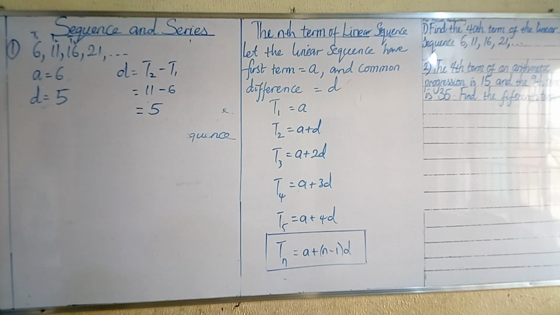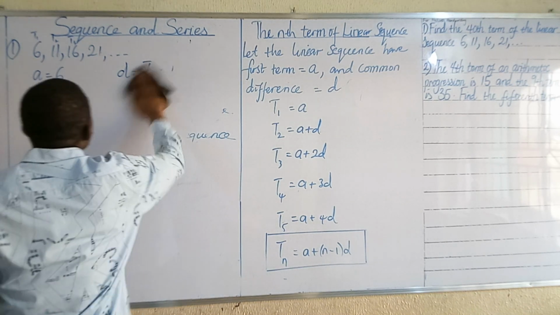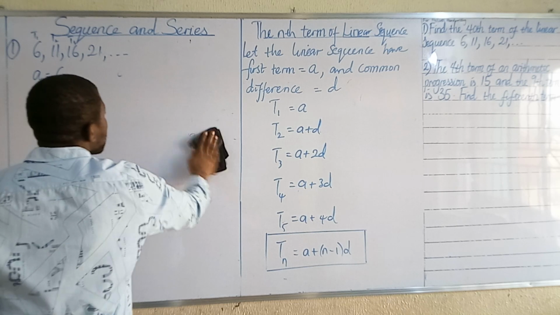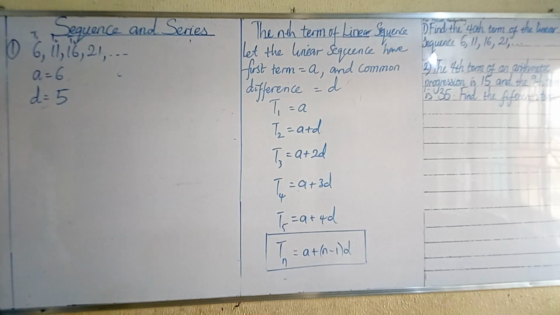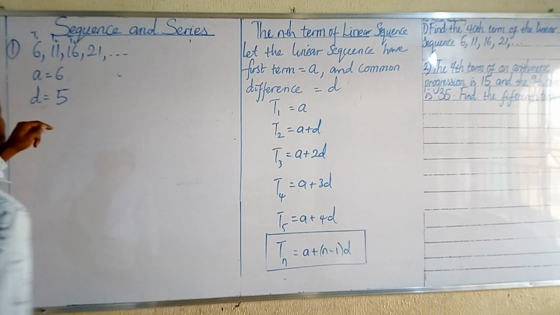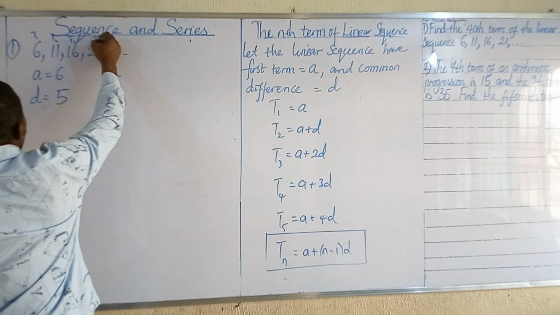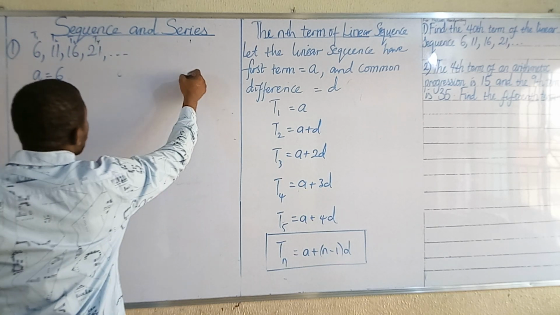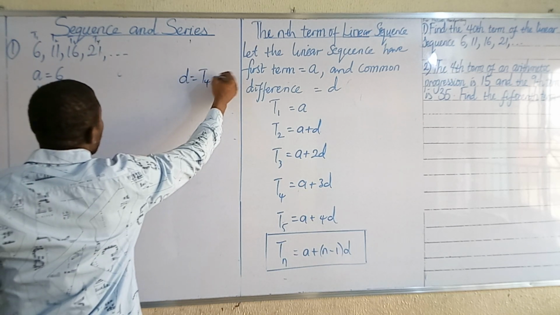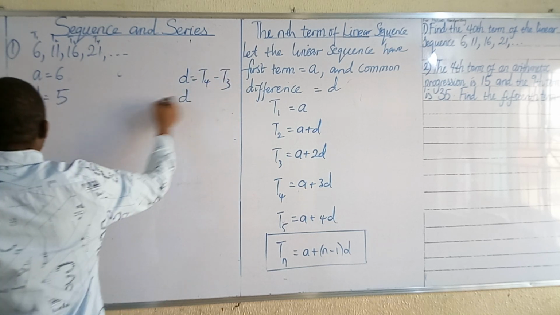Good. So now that we have gotten the first term and the common difference, let us find the 40th term of the linear sequence. It's not that you must use T2 minus T1 to get the common difference. You can also use T4, which is 21. You can say that the common difference is T4 minus T3. It will still give you the same value.